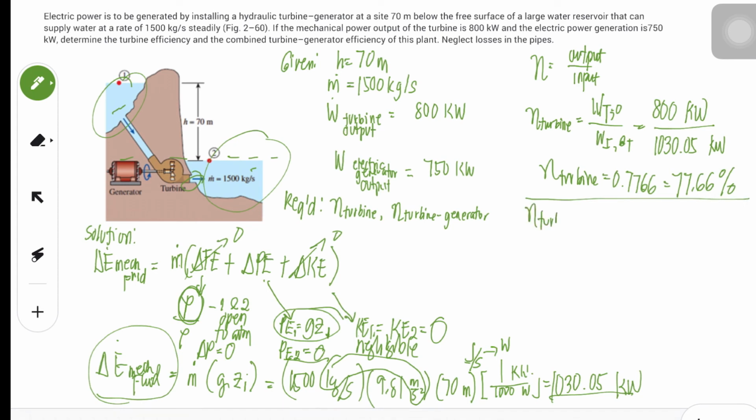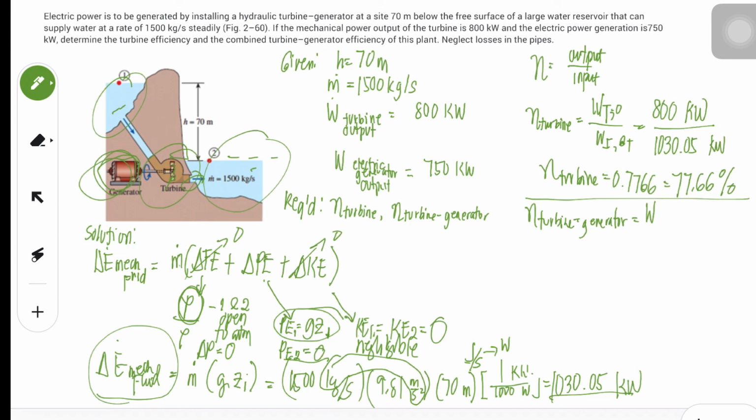While for the efficiency of the turbine generator, what is our output? Since we know it is combined, the turbine generates electricity, so what is the output here in the generator? Since this is a combined efficiency, we need to find the output of this turbine generator.